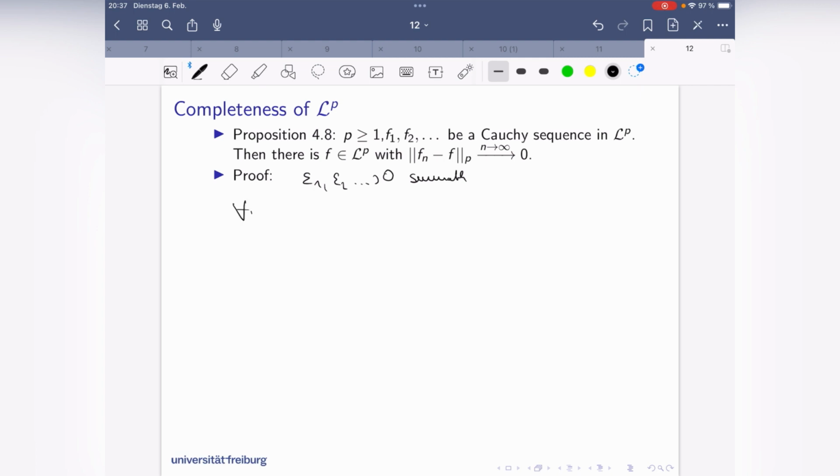Then I know for each k, I have an nk such that for all m and n bigger than nk, the norm of fm minus fn is smaller than epsilon k. So that's the Cauchy property.